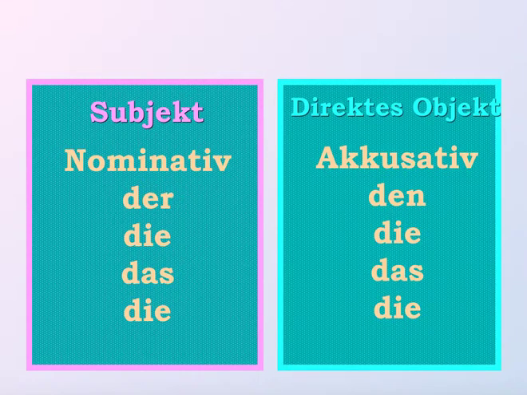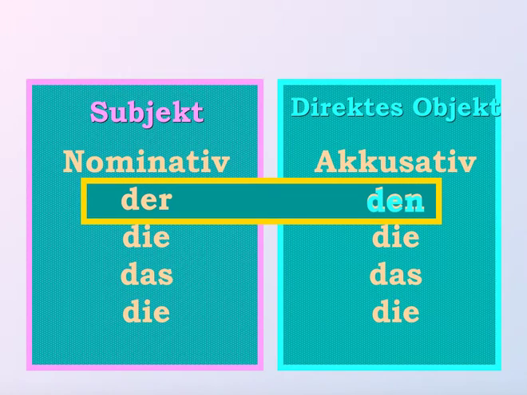Now, let's look at those two columns. The first one shows the column for the definite article in the nominative case, and the subject will always be in the nominative case, and the column for the accusative definite articles for the direct object. Now, if you compare those two columns, nominative and accusative, you will notice something.